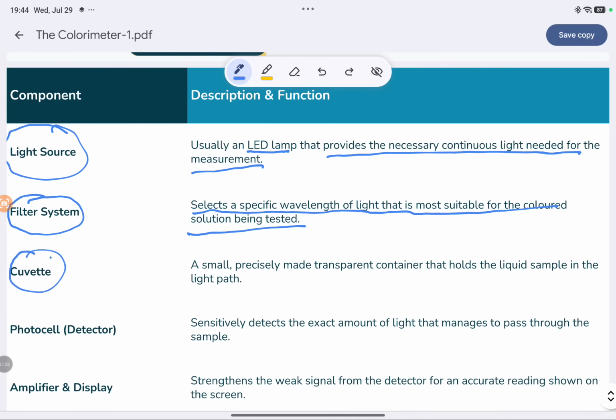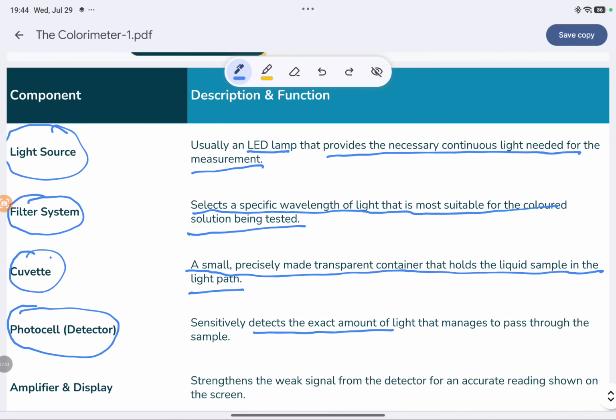Cuvette. A cuvette is a small, precisely made transparent container that holds the liquid sample in the light path. Another part of the colorimeter is the photocell. The photocell detects the exact amount of light that manages to pass through the sample. It helps us measure the absorbance of light.